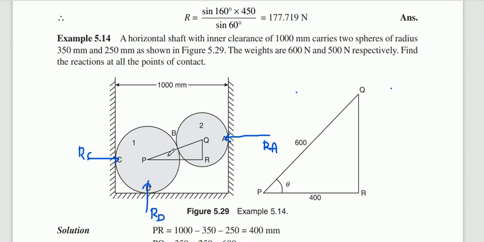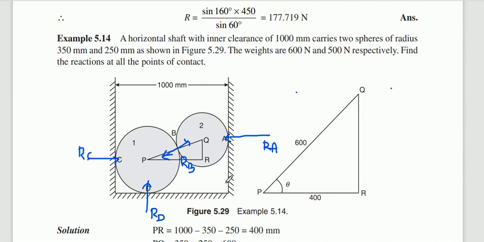And here B is the contact area, here also. So we are getting the reactions for both the spheres. So one RB is in this direction, and another RB is in this direction. This is how we get the contact reactions.